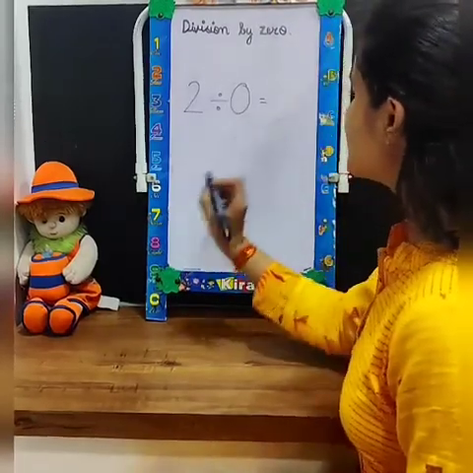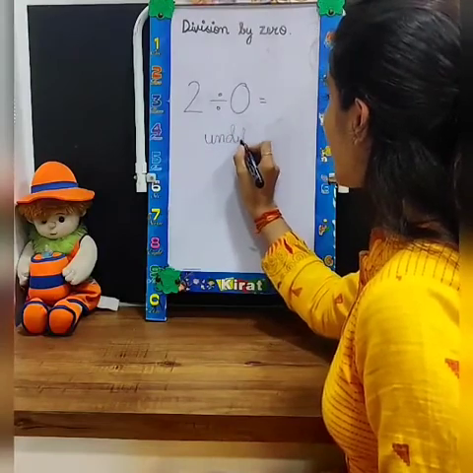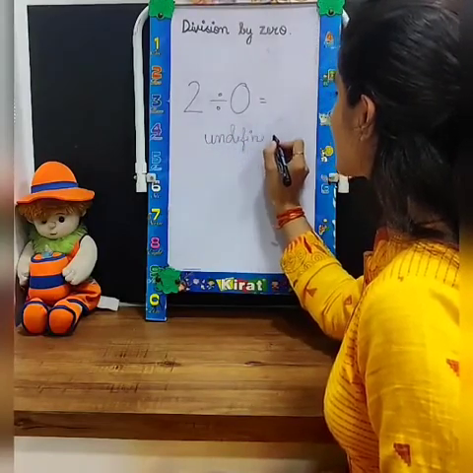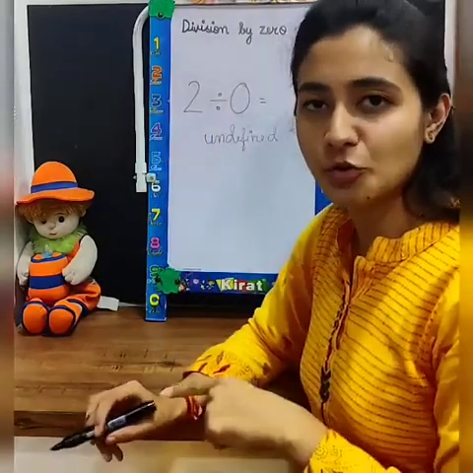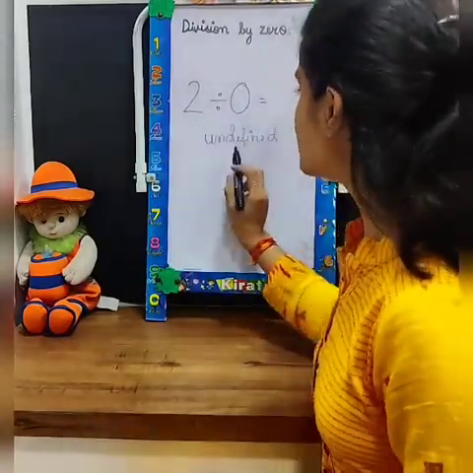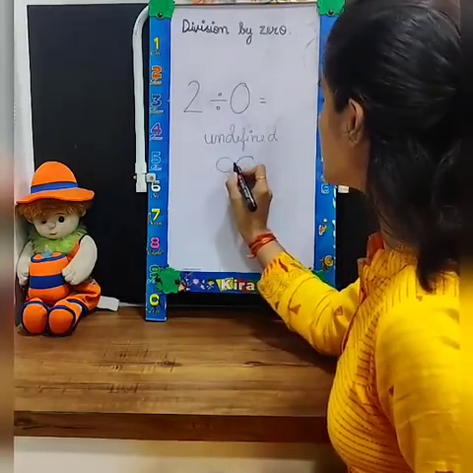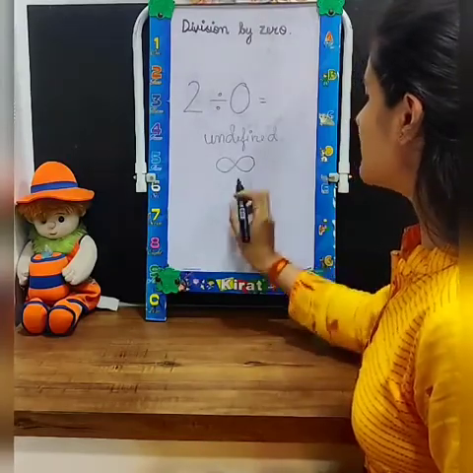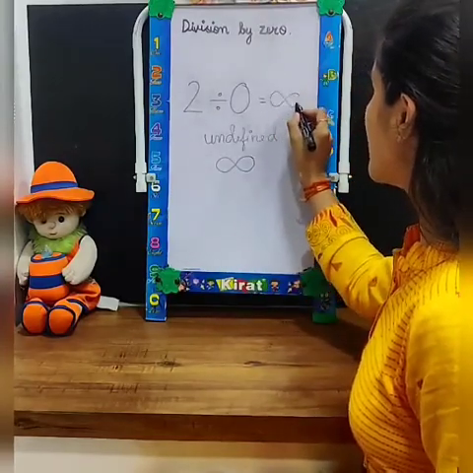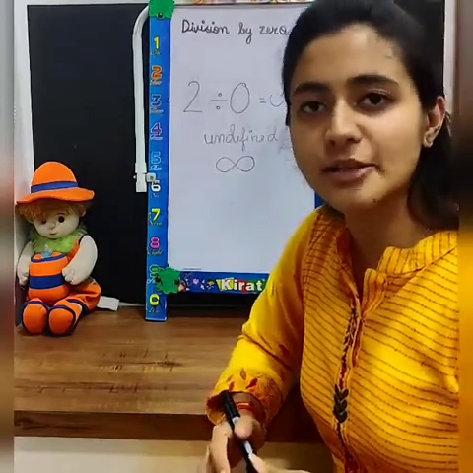This will give us answer as undefined, as a number can never be divided by 0. So it gives us answer as undefined, or there is a sign for the word undefined. You can also write the answer as undefined. A number can never be divided by 0.